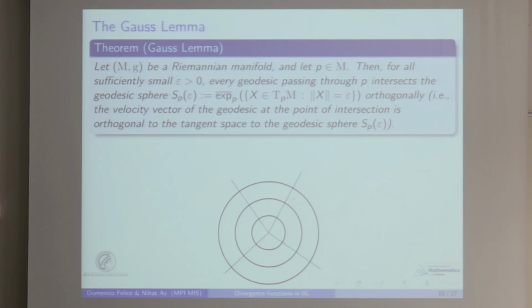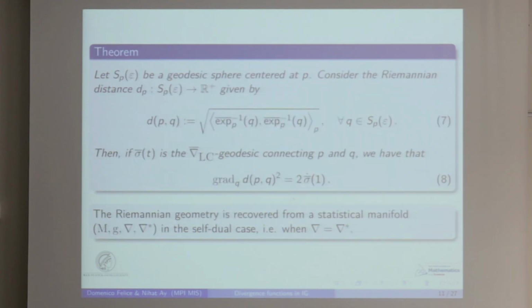The consequence of this well-known result is that if you define the Riemannian distance in this way, the gradient of the square of the Riemannian distance is 2 times the geodesic velocity.